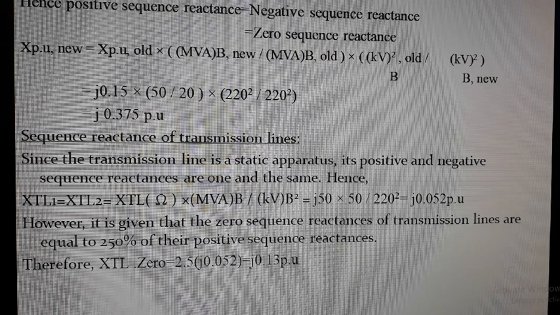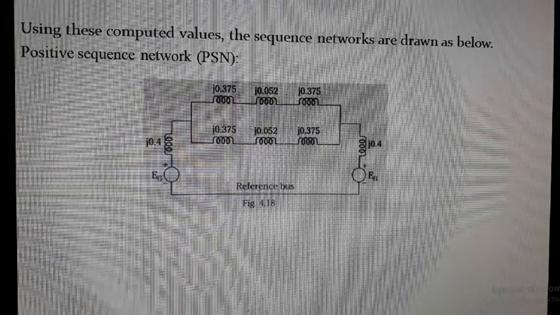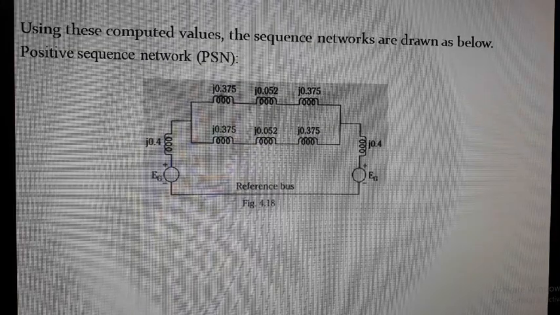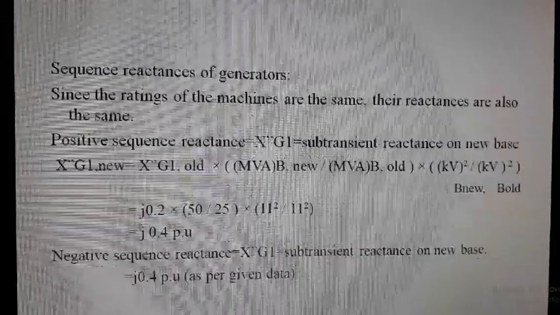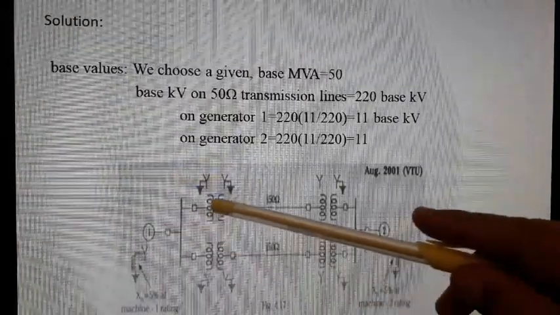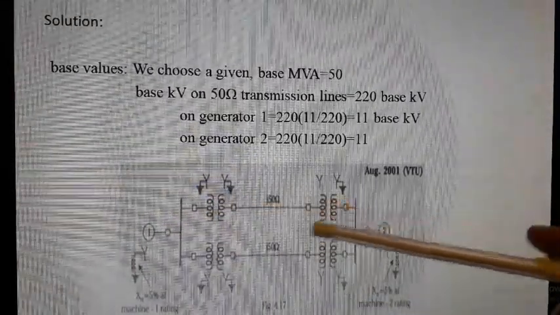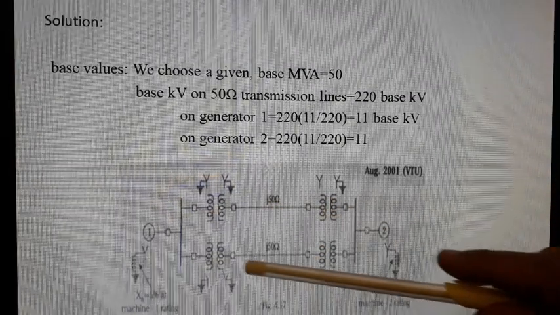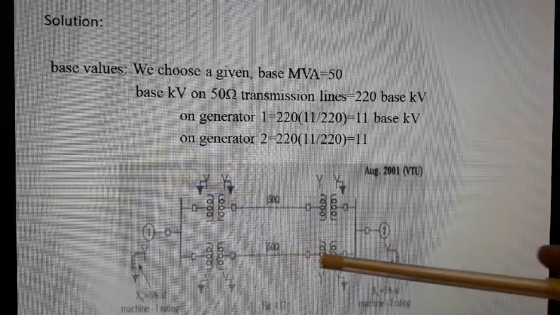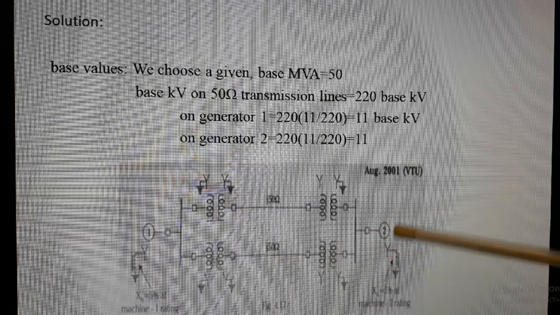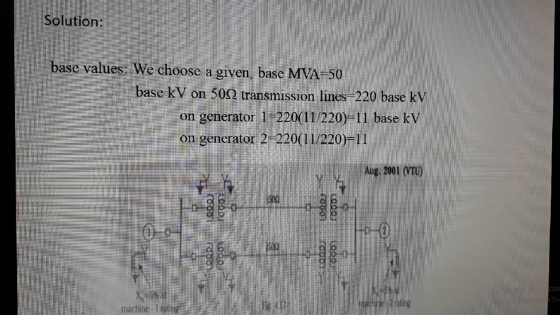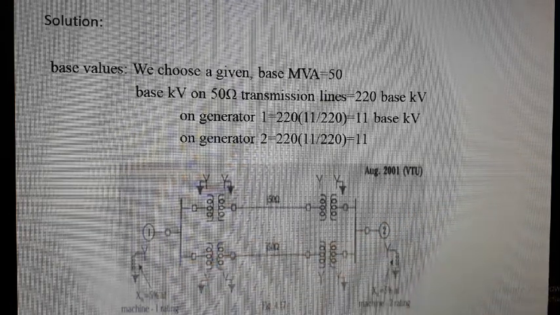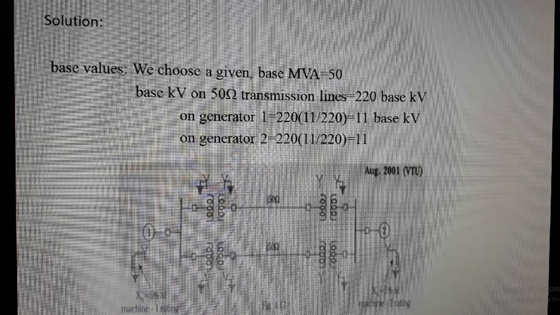Once the values have been found, then we can write the positive sequence network. It consists of a generator, then transformer, transmission line, transformer, again transformer, transmission line, double circuit line, transmission line and transformer, then generator. Here both the generators have to be replaced by an EMF source in series with the reactances.